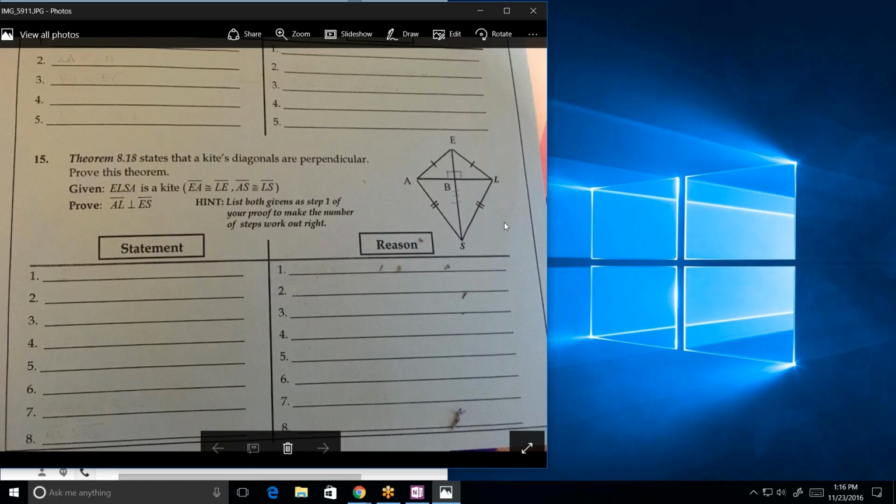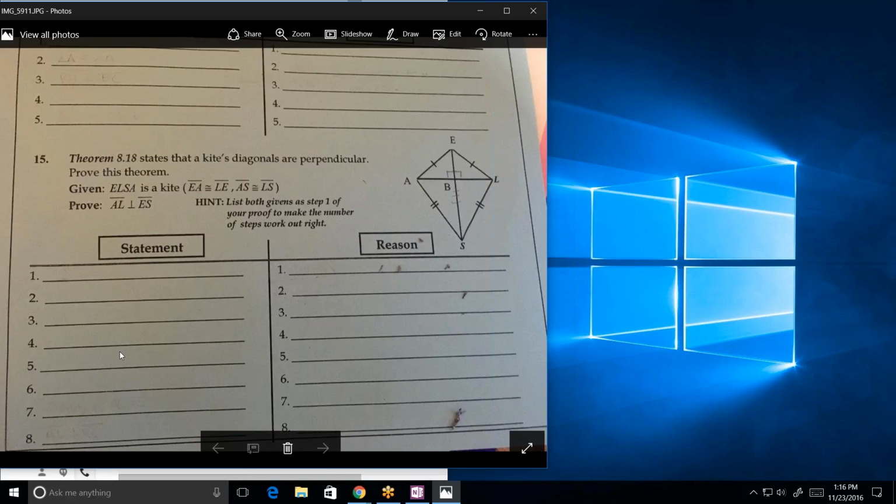What's the next statement? Number 4, I believe. It would be triangle ABS congruent to LBS. Good. What's the reason?